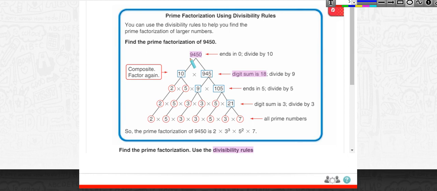You can't factorize it just by thinking or mental math. So what times what equals 9,450? It's a large number. So you need a hint, or you need something that can lead you. So you always look at the ones place. Look at the ones place. What do you have here in the ones place? What do you have here?